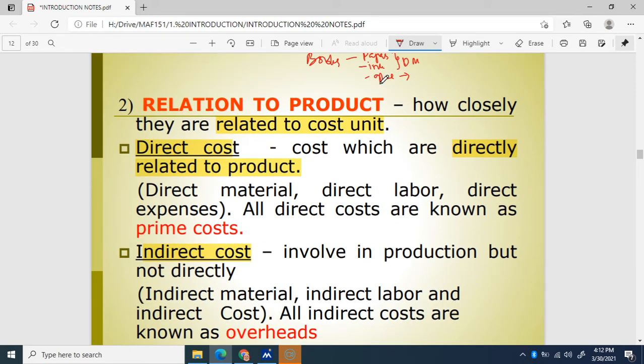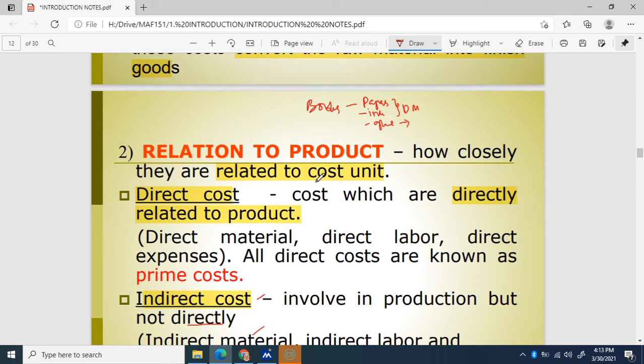One bottle of glue, let's say 10 ringgit, can be used for about 1,000 books. So the value of glue for one book is quite small. So this is considered indirect material. It is involved in the production, but indirectly because the amount is too small, an insignificant value.